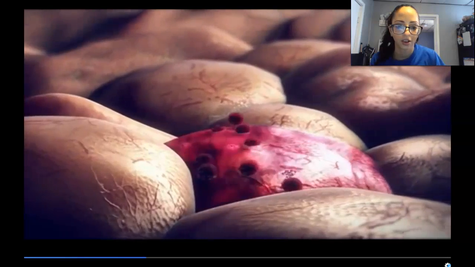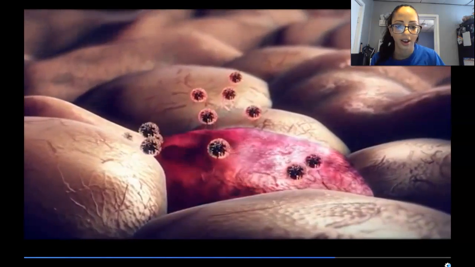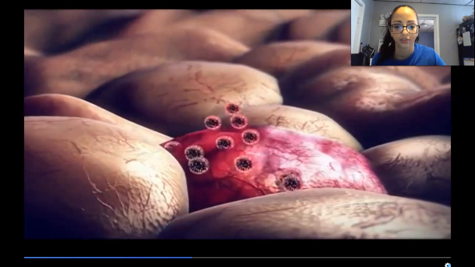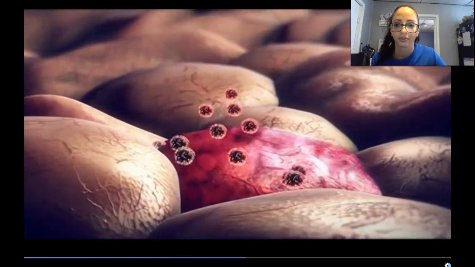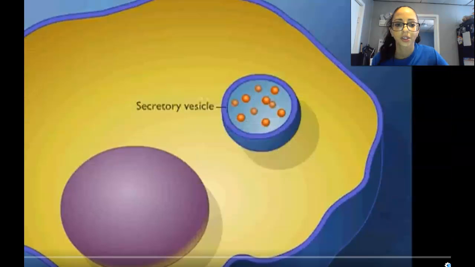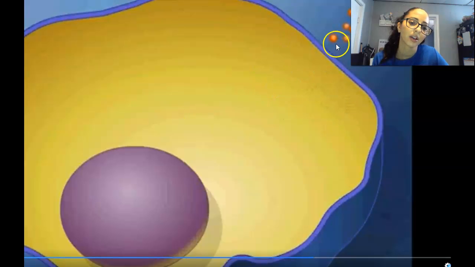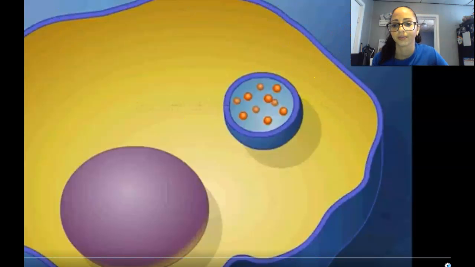So if you see here, these particles are going outside the cell. Here you will see this vesicle forms, engulfs these materials, and is going to take them out of the cell. It's going to fuse with the cell membrane, taking them out of the cell.